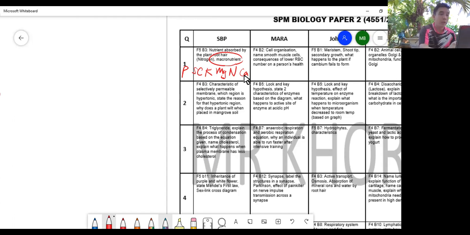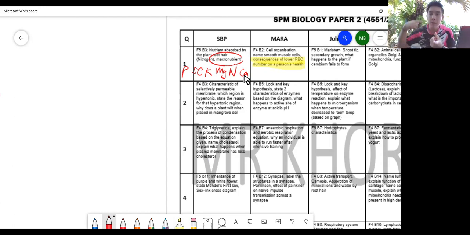Now use your highlighter, highlight consequences of lower red blood cell number on a person's health. Now, this one I think is not an uncommon question to most of you. I'm sure your teacher would have taught you anything to do with red blood cell, anything to do with transport of oxygen that is not efficient.